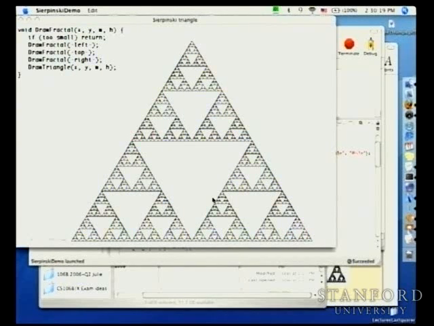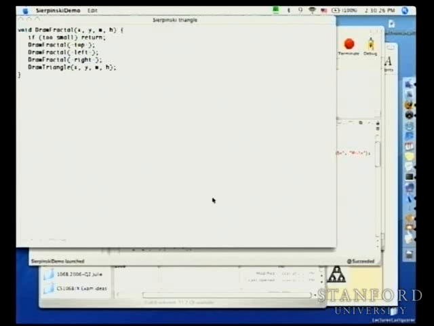Now let me change my three recursive calls. It currently goes left, top, right. I'm going to change the code to go top, left, right. I'll get the same picture, but where is the very first triangle drawn? Is it small or big? It's small.